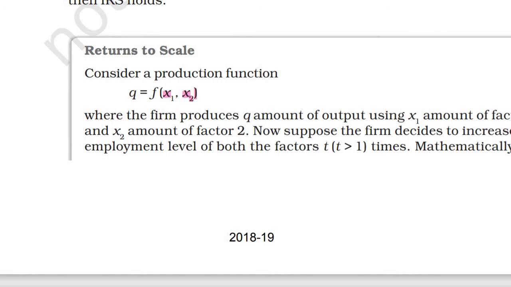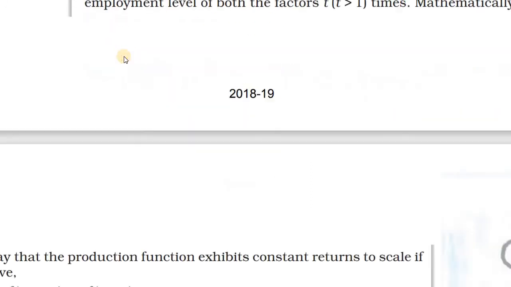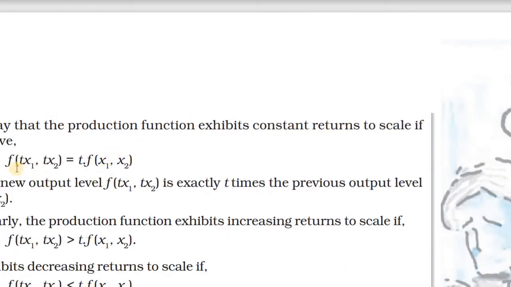Now suppose the firm decides to increase the employment level of both factors, then mathematically we can write it as function of t x1 comma t x2, where t times we are increasing the factors x1 and x2.